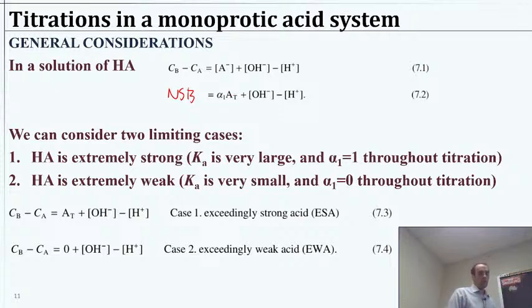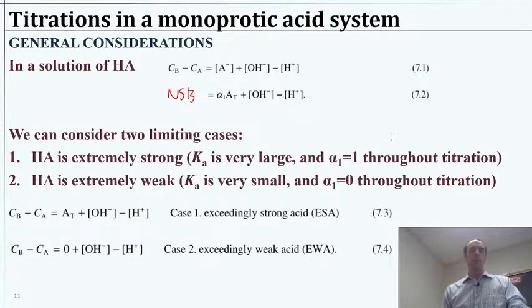Okay, case one, we have an extremely strong acid, HA. Maybe that's HCl. That means the Ka value is very large, or the pKa is perhaps a negative number. And alpha 1 would be 0 throughout the titration, meaning no matter where we are within the titration, it's almost all in the A minus form.